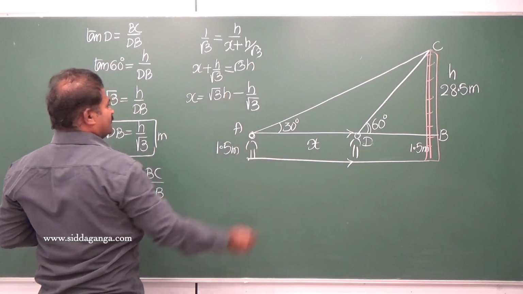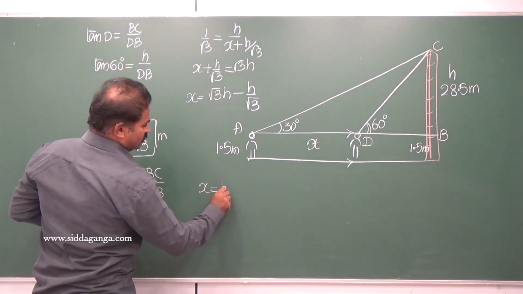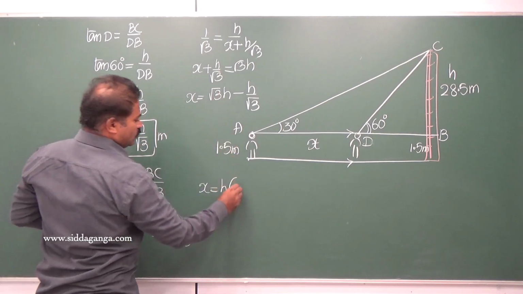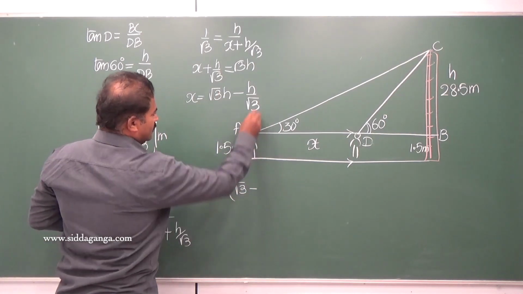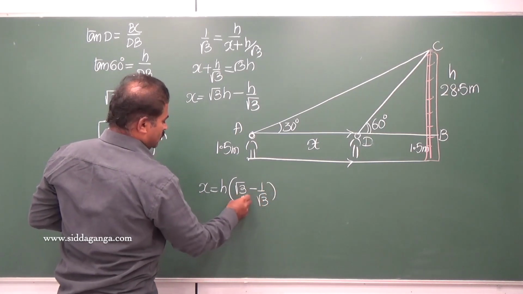So what common can you take? Yes, it is H. So X is equal to, taking H common, root 3 minus 1 by root 3. So now you can take LCM for root 3.